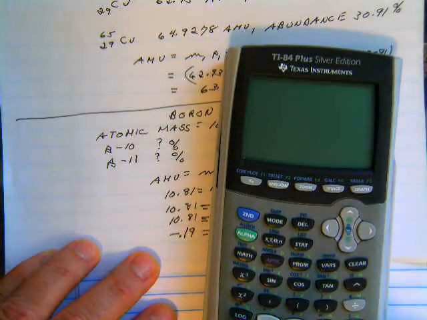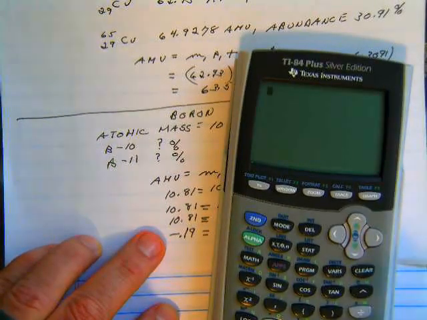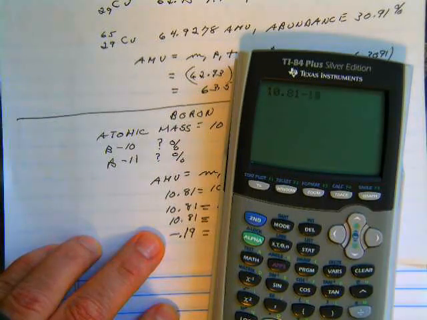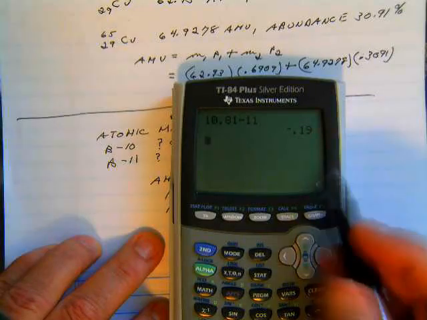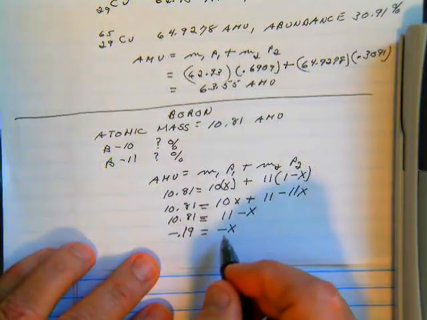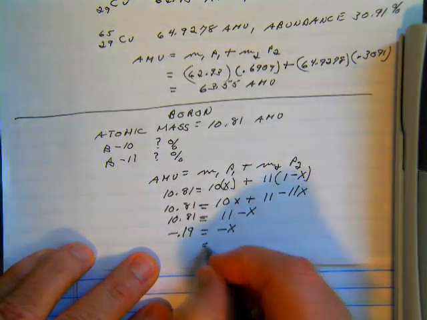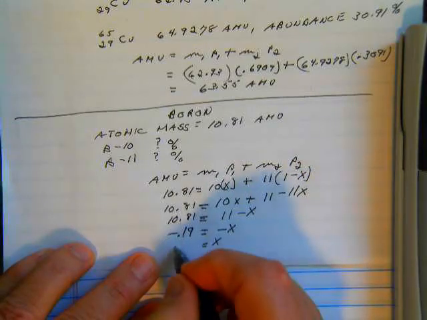We have 10.81 minus 11, and as we can see, it's a negative 0.19. Well, we want X to be positive, so we can divide each side by negative 1. So we get X equals 0.19.